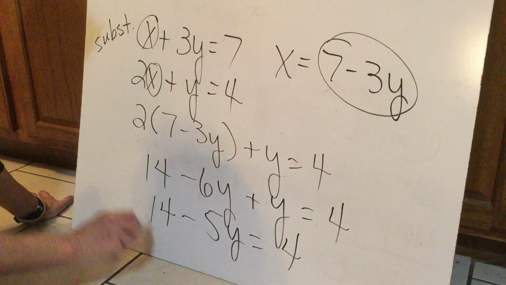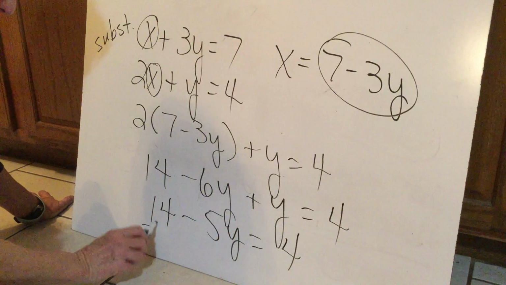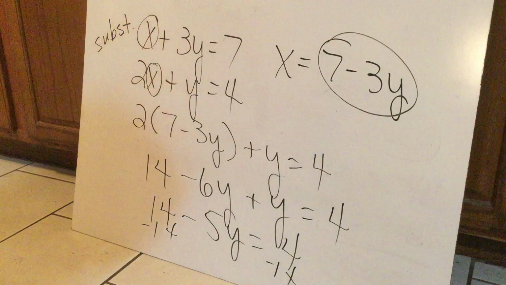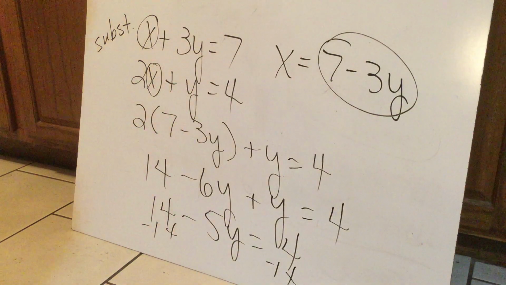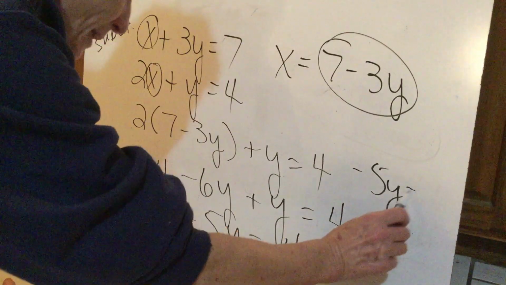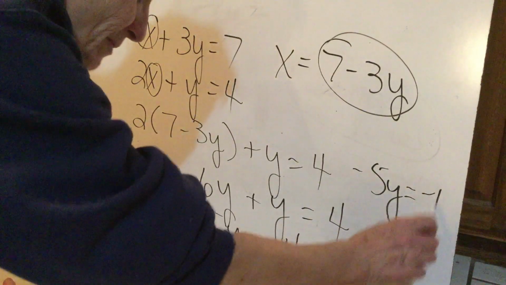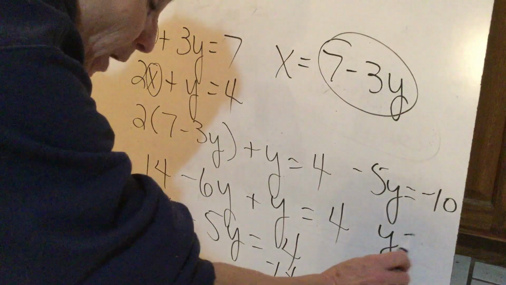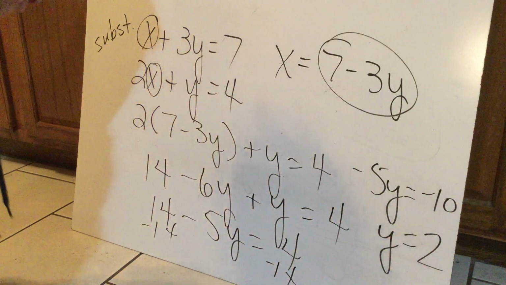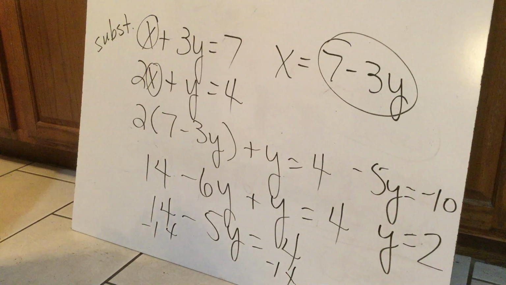I'm going to subtract 14. So that leaves me with negative 5y equal to negative 10. So y equals 2. Now we remember that when we are solving a system, it isn't enough to have y.